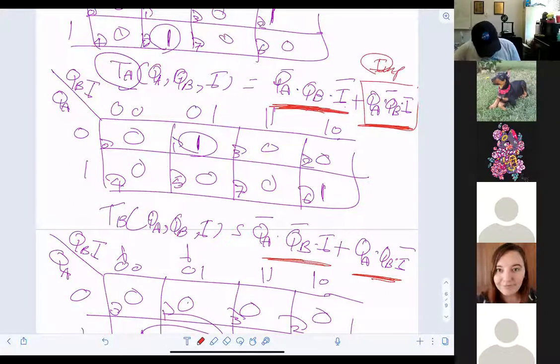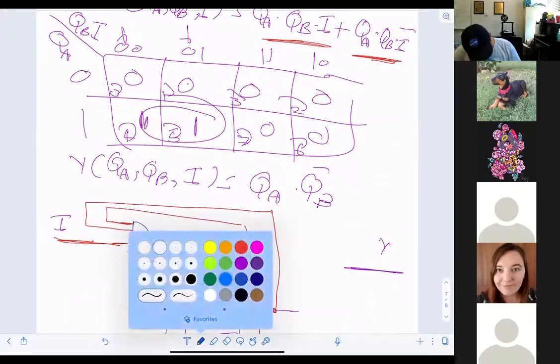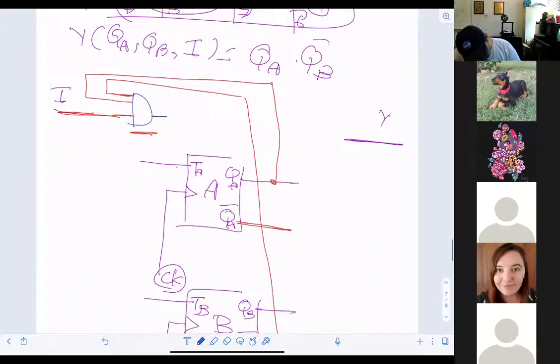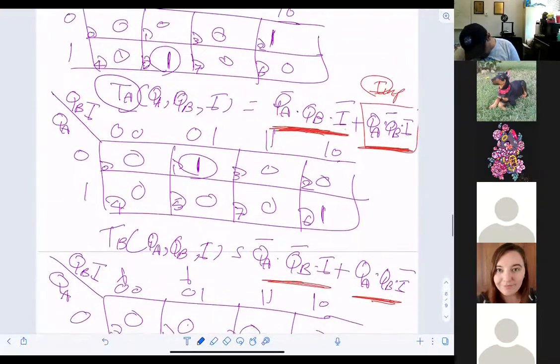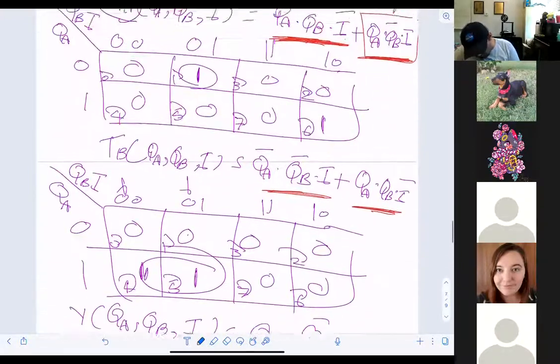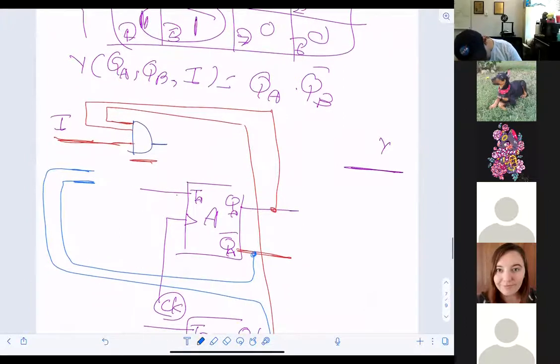So this one is QA complement, right? QA complement, going where? With QB, right? And what is associated with it? Normal, it's going to be I complemented, right?